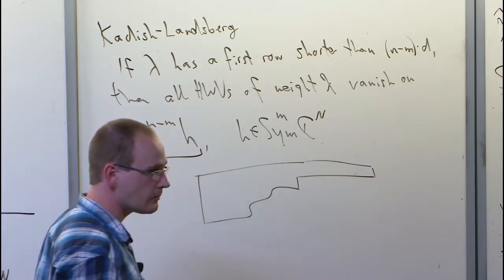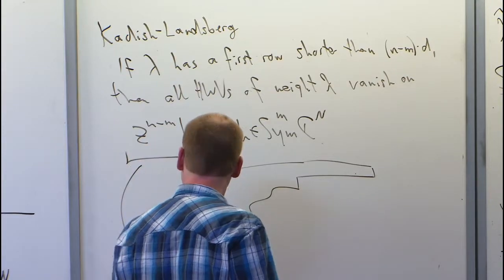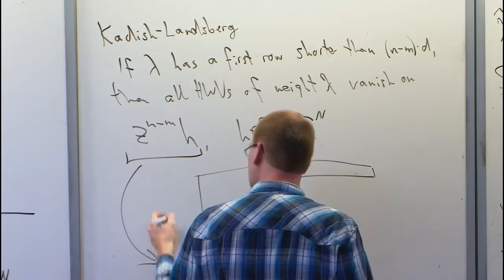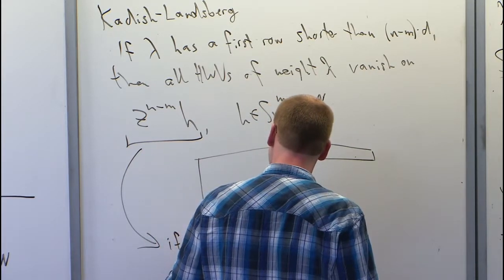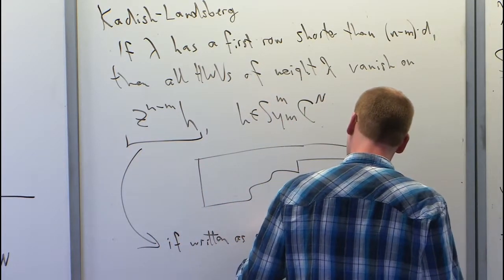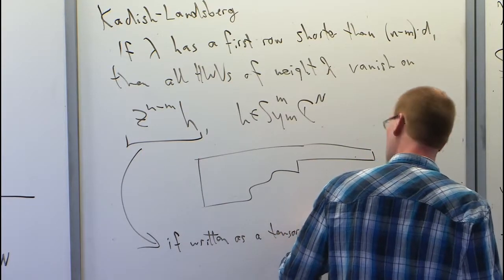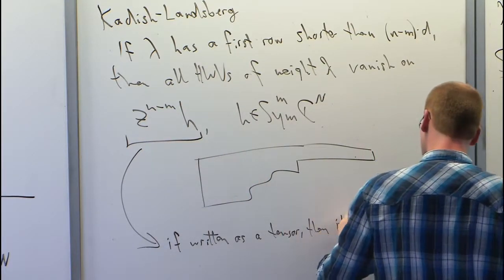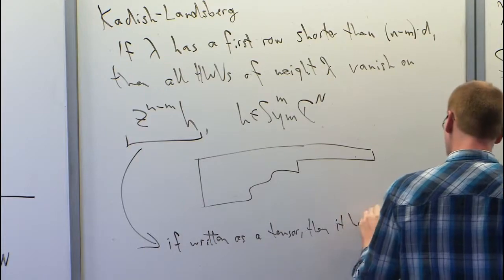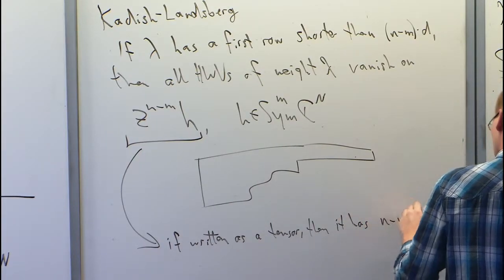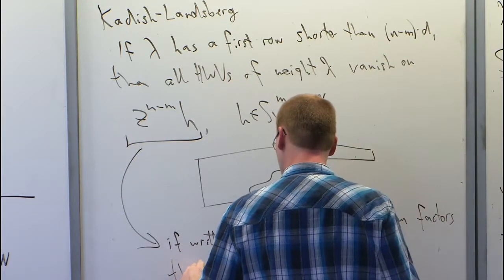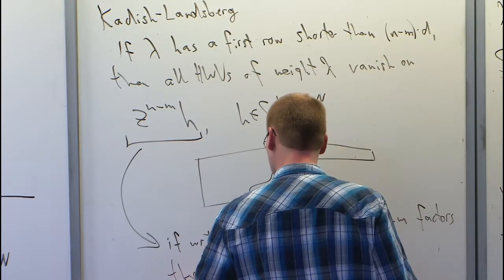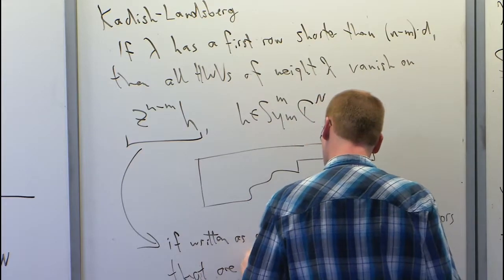So this tensor has the important property that if you write it as a tensor, then it has n minus m factors that are exactly z, right?